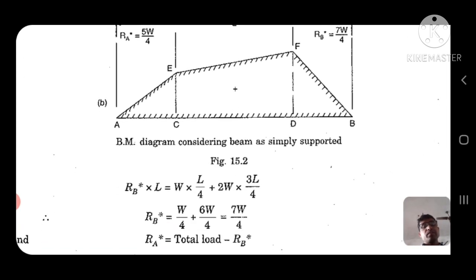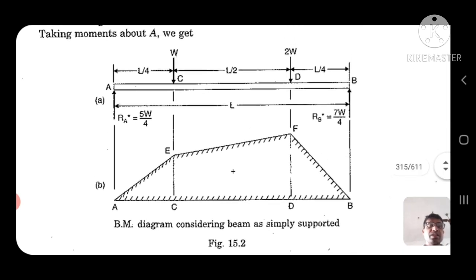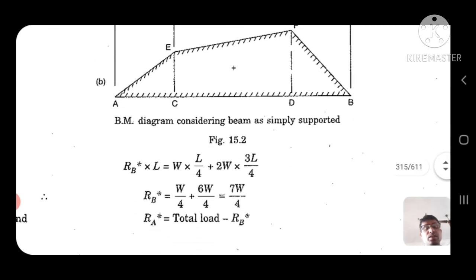RB into L is equal to W into L by 4 plus 2W into 3L by 4.